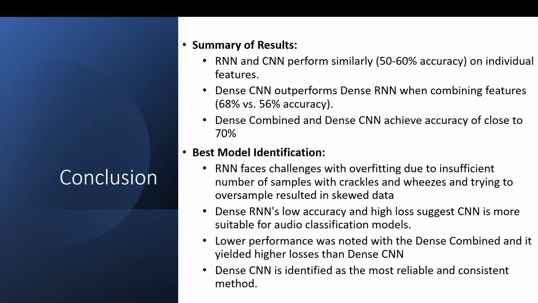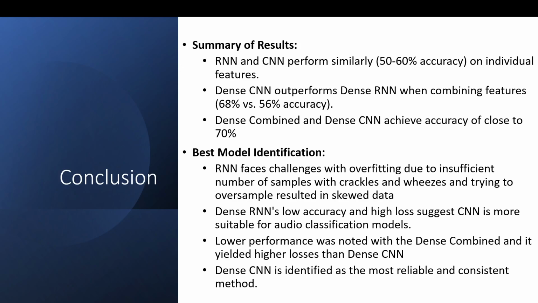All right, so giving you a summary of our results. We can see in the video in our final report, which I don't have in this video currently, that the RNN and CNN perform very similarly if you compare individual feature set data, with about 50 to 60% accuracy across all individual features.